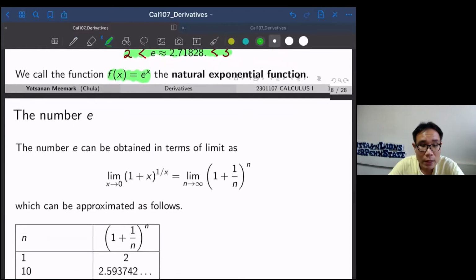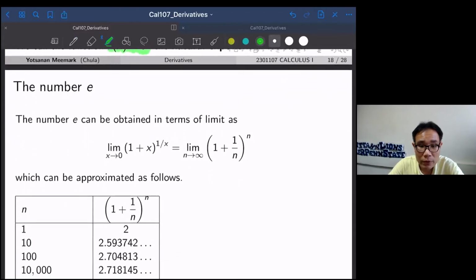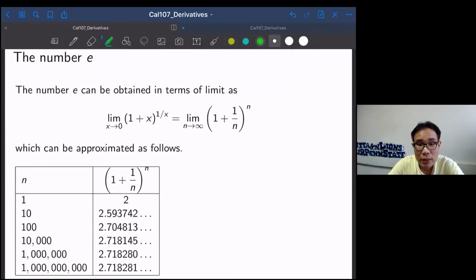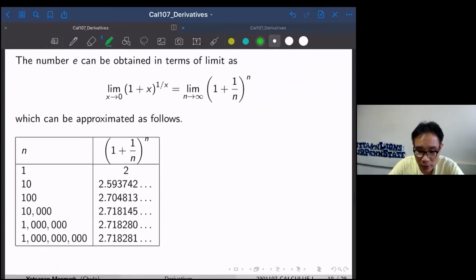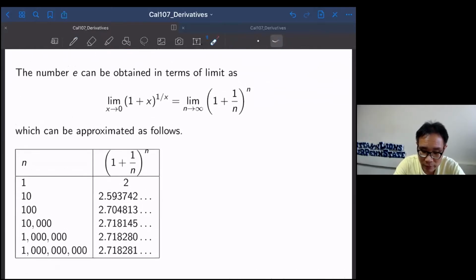The number e can be obtained in terms of a limit as follows. You'll be able to find this limit: as x goes to 0 of (1 plus x) to the 1 over x. After some change of variable, we can write this as the same limit as x goes to infinity of (1 plus 1 over x) to the x.